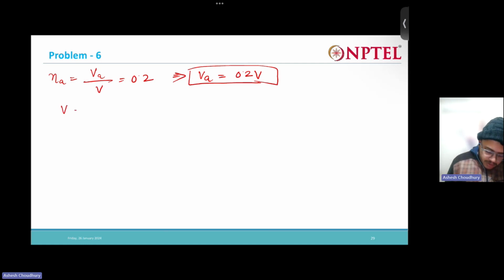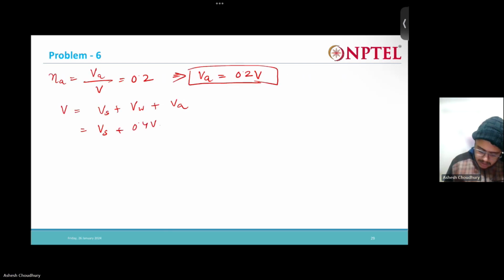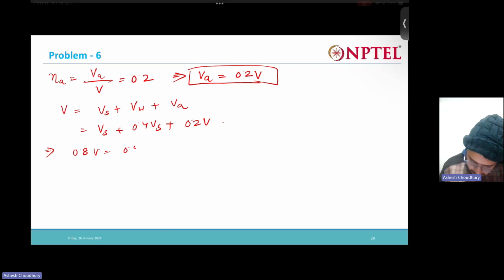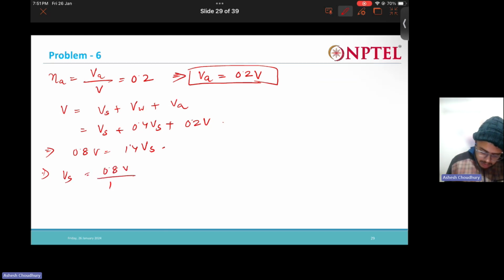Now what is the total volume? Volume of soil solids plus volume of water plus volume of air. So we can use this relation now: VW equals 0.4 Vs, and VA is 0.2 V. So if you do this, you will get one relation: 0.8 V equals 1.4 Vs. Then Vs is nothing but 0.8 V by 1.4.